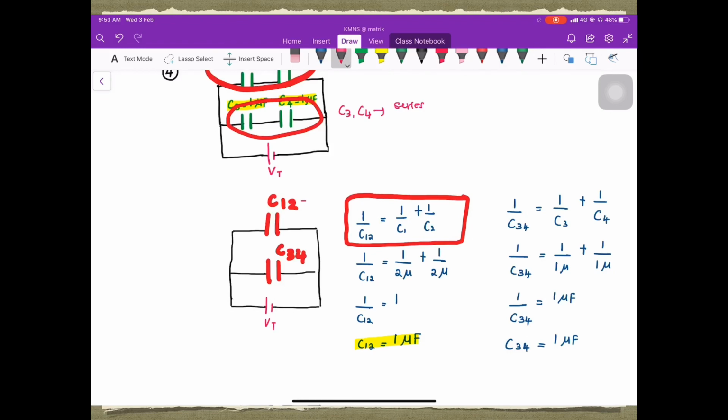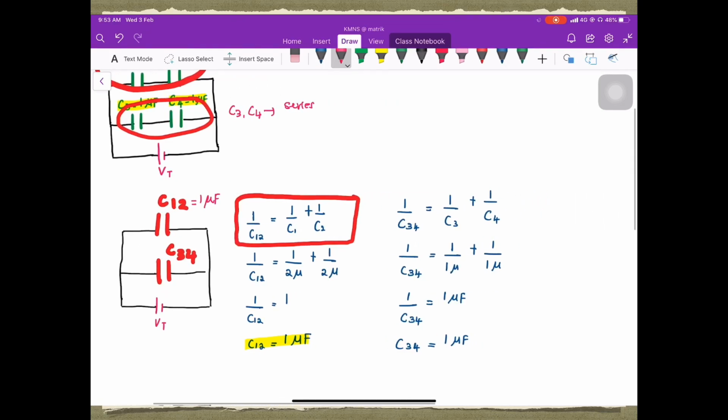So here is 1 microfarad. The combination of C3 and C4 is also series. So we get the combination C34 also 1 microfarad.